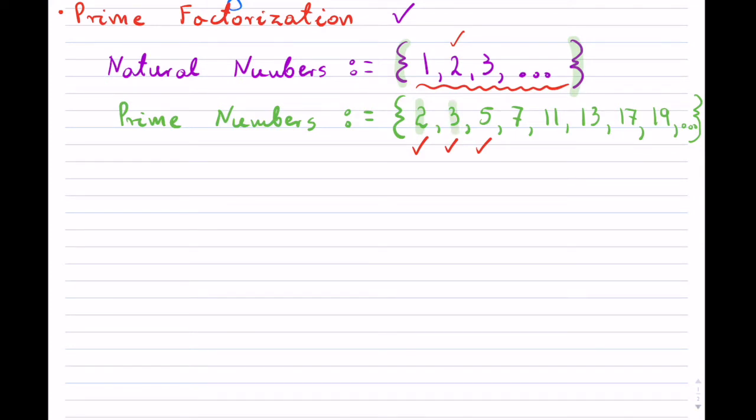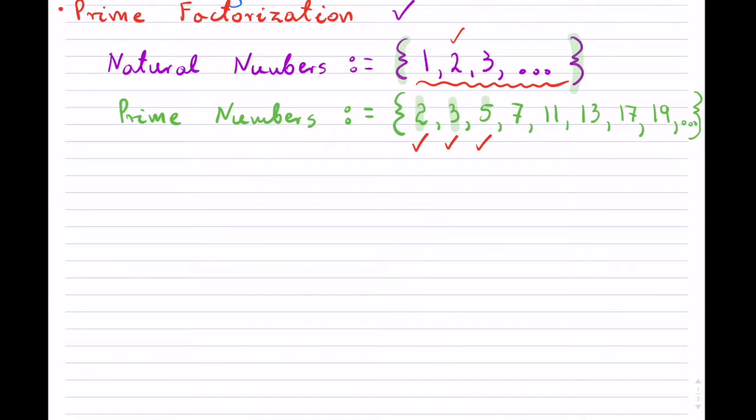It will go into 5, but again, it will leave us a remainder. So therefore, 5 turns out to be prime. Same thing happens with the number 7. You can check if 2 or 3 or 5 will go into 7 evenly, and it will not. Same thing happens with 11, 13, 17, 19, and so on.